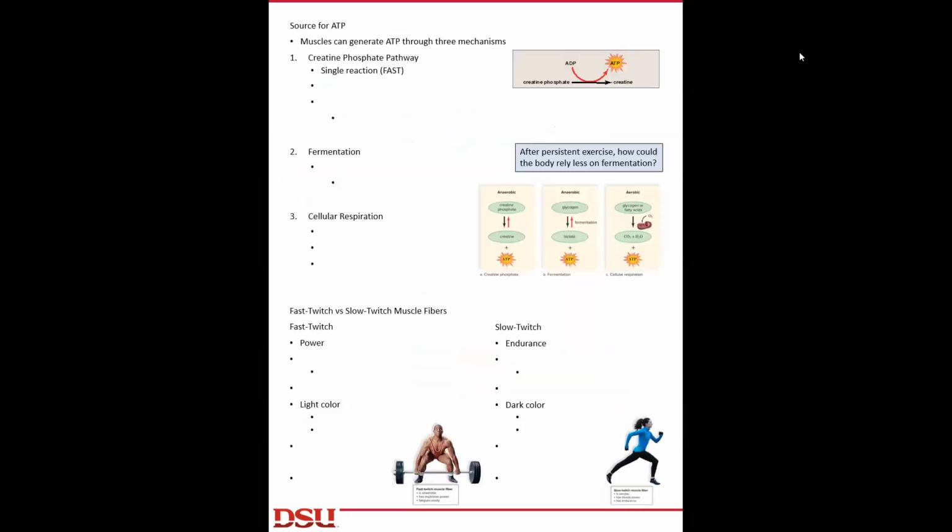Okay. Sources for ATP, there's 3 different pathways that muscles can use to generate ATP. First one is called the creatine phosphate pathway. It happens really fast. This particular pathway is quick. And it's actually the first place that muscles are going to try to generate ATP. The problem is this doesn't produce much ATP.